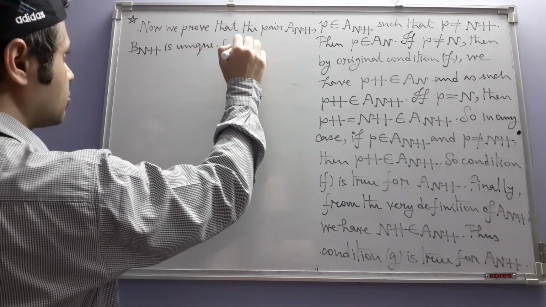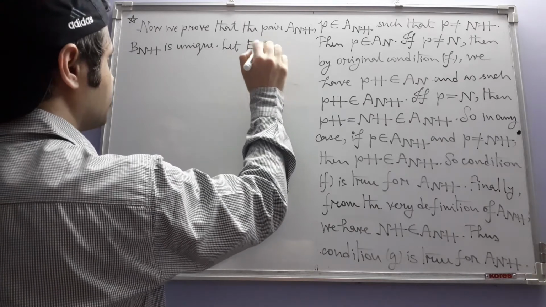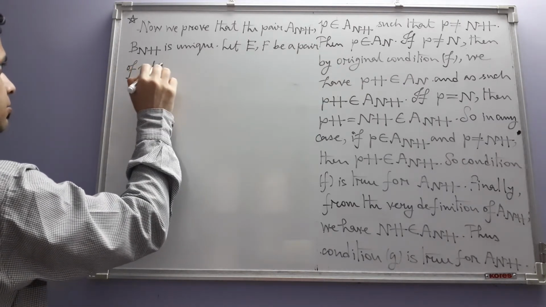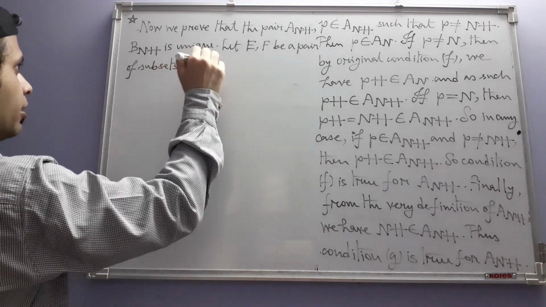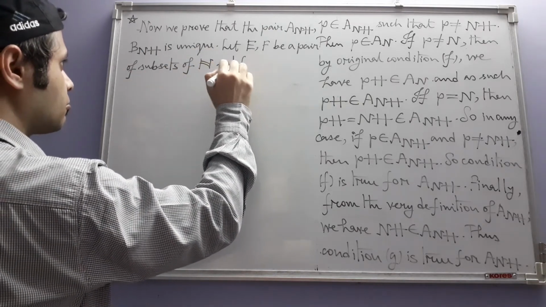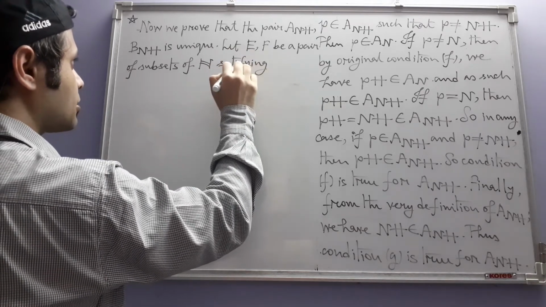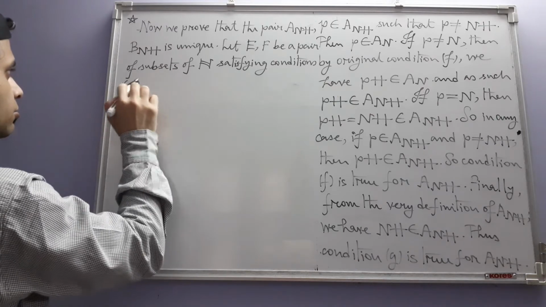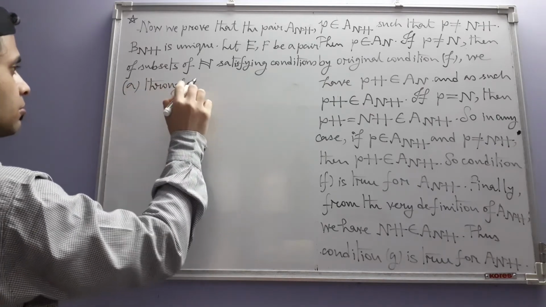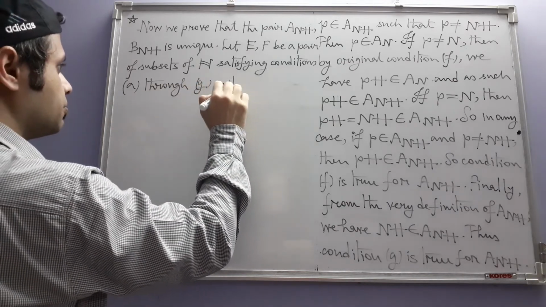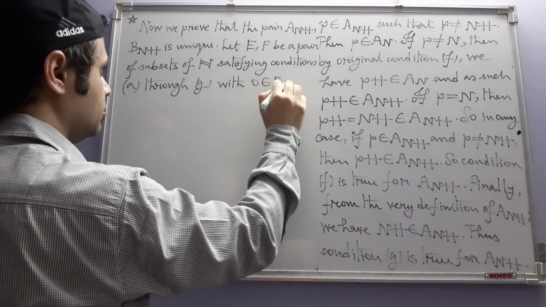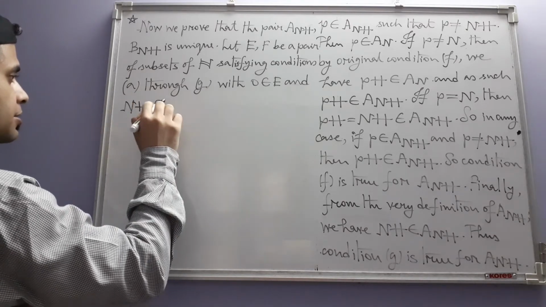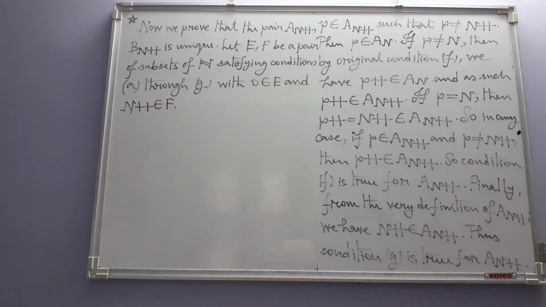Let E, F be a pair of subsets of N satisfying conditions A through G with 0 belonging to E and n plus plus belonging to F. Okay.